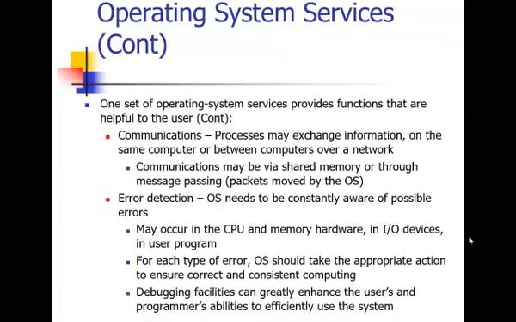If a part of a particular device is not working, how to use the available resources, when an error occurs what would be the appropriate action to be taken, and what are the debugging facilities. So another important service is error detection.